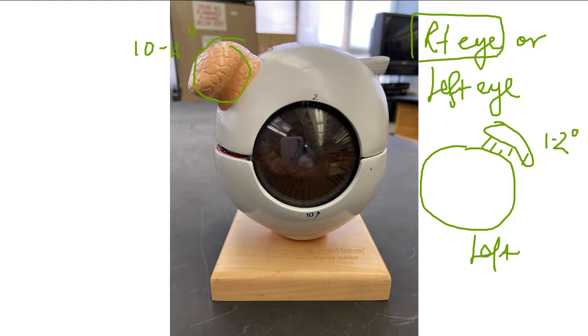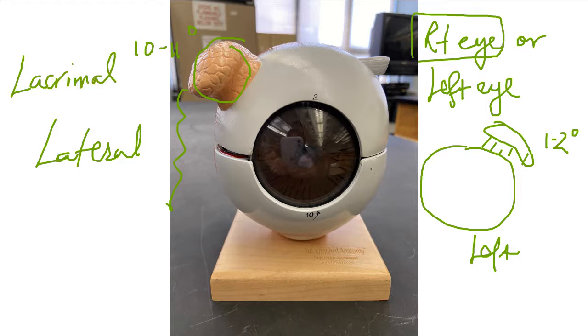And this is like 10, 11 o'clock. Okay? Now this is very important because you have to know that the lacrimal gland is on the lateral side. Lateral, that's the same thing as lacrimal gland. So it's very important to know that the lacrimal is on the lateral.